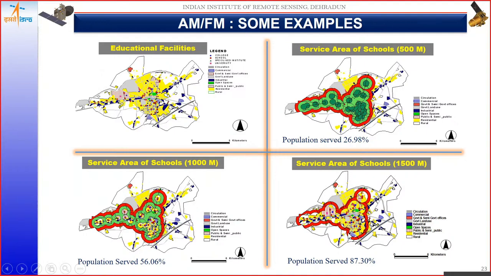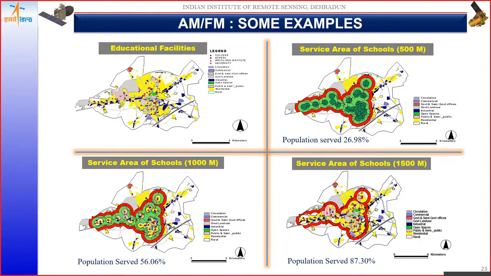Accordingly, if it is 500 meters, then 27% will be the beneficiary. If it is 1 kilometer, 56% of the population are the beneficiary. If the norm is 1500 meters, then 87% of the population shall be the beneficiary.